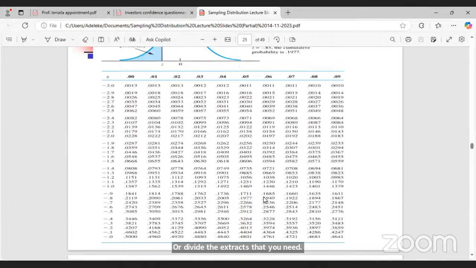So you do not need any external material. And if you need to get a copy, maybe you need to make a photocopy, we will let you know.